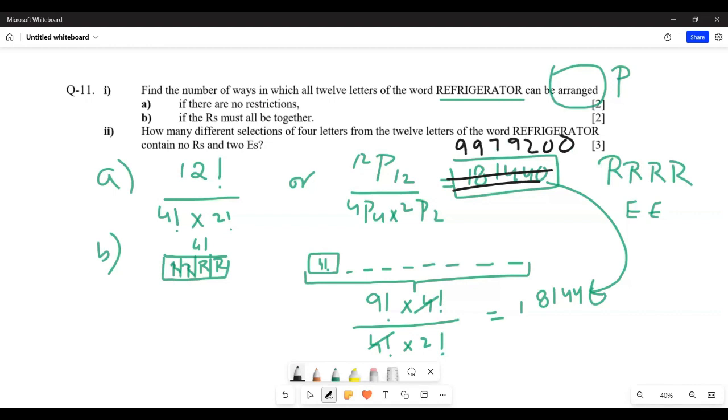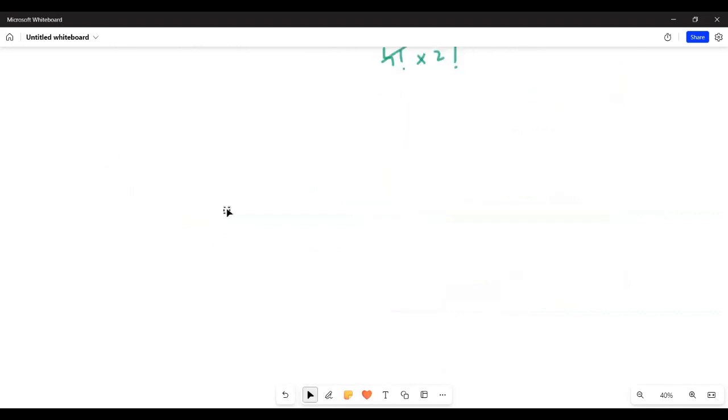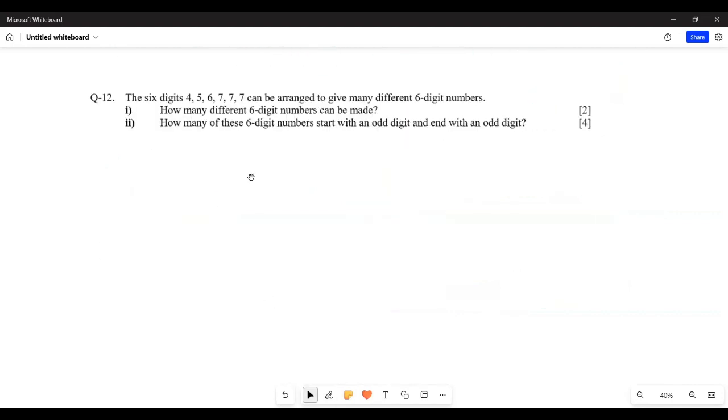Okay, question 12. The 6 digits 456777 can be arranged to give many different 6-digit numbers. How many 6-digit numbers can be made? So again, it's a question on arrangements.